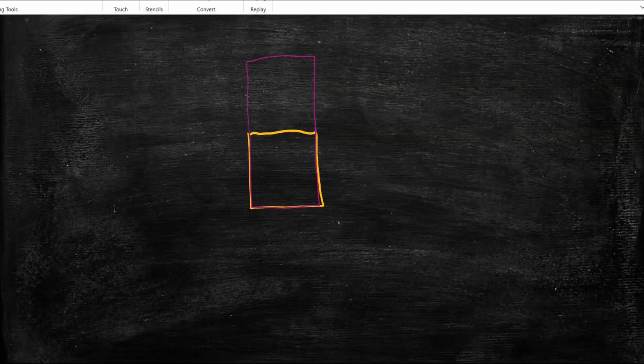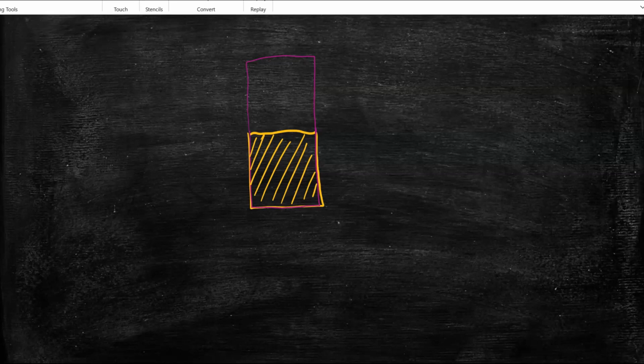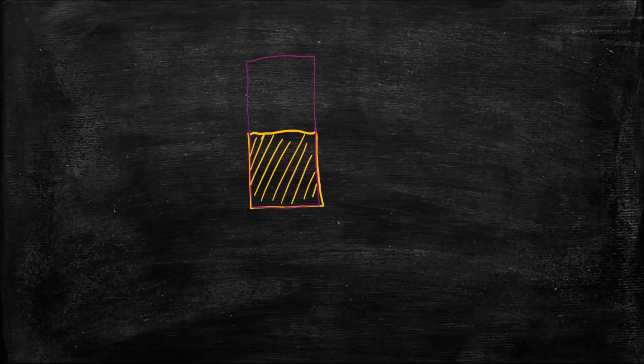Well, it's going to have everything that orange rectangle has, plus half of the difference of the orange and the purple rectangles, and half of the difference can be expressed geometrically like this. If we add the yellow and the purple areas together, we get this area that I'm shading in white, which is the area of this exact trapezoid.